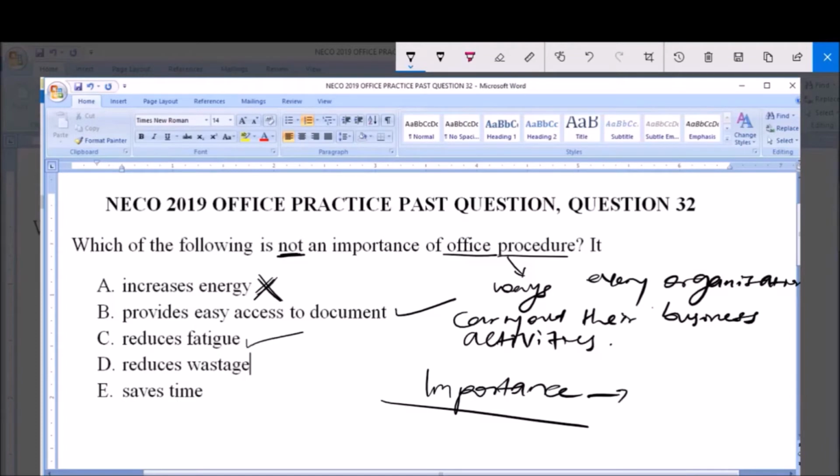Yes, office procedure helps to reduce fatigue, and it also helps to reduce wastage and save time and energy. It reduces fatigue by saving energy, reduces wastage, and provides easy access to documents. But office procedure does not increase energy. And so therefore option A is the answer to this question, because it is not an importance of office procedure.